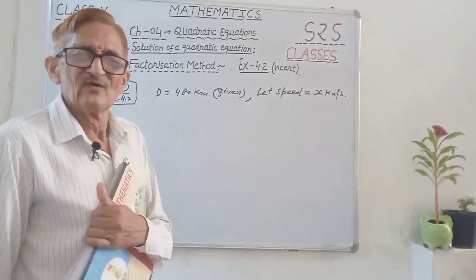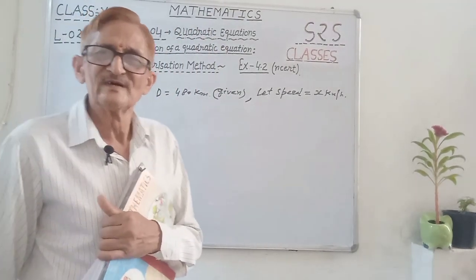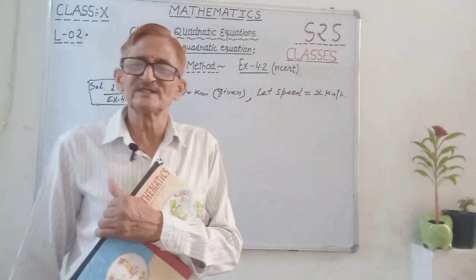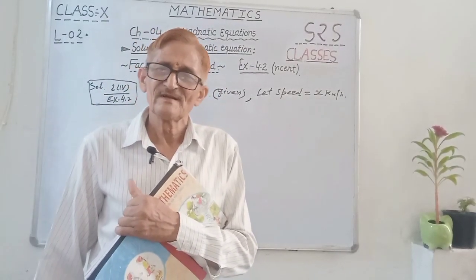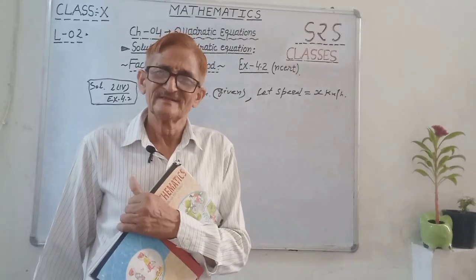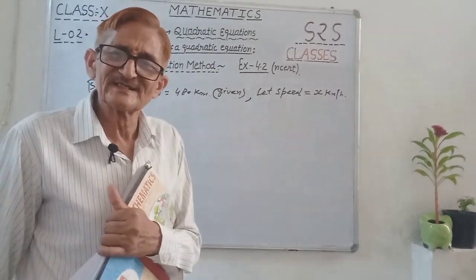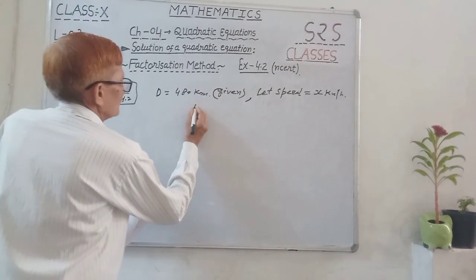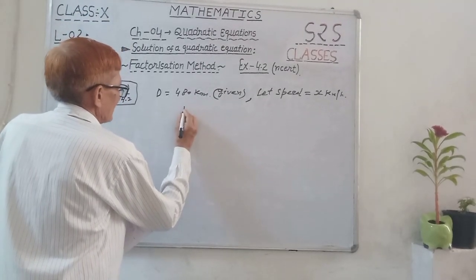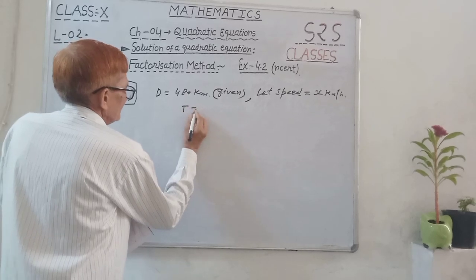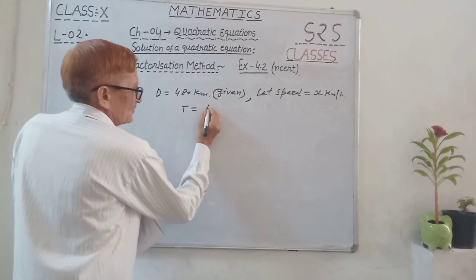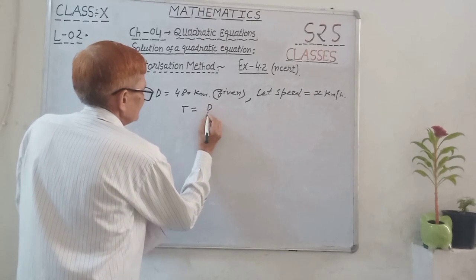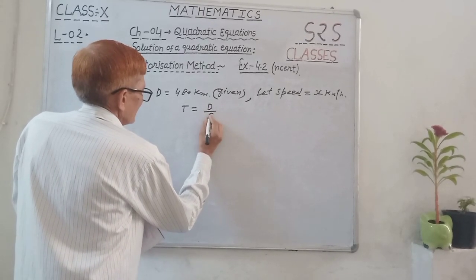So we know speed is equal to distance upon time. Speed is equal to distance upon time, and then time is equal to distance upon speed.